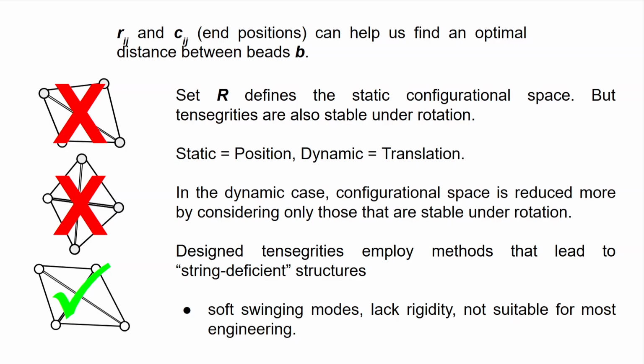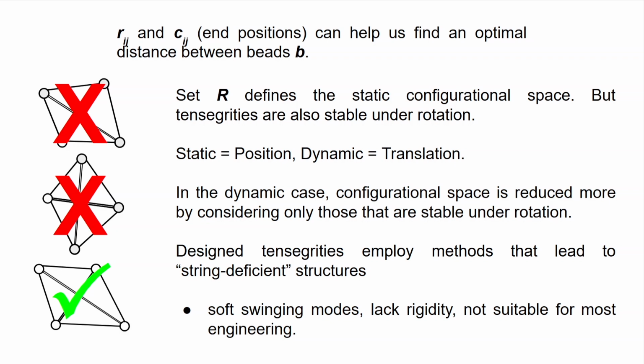There are different mathematical techniques, but what they're doing here is characterizing this with these different interaction matrices, these IJ matrices, so Rij and Cij, which are the end positions, can help us find an optimal distance between beads. Basically, we have our beads in specific locations, and then we try different end positions or lengths of the rods and the different connections between the beads.